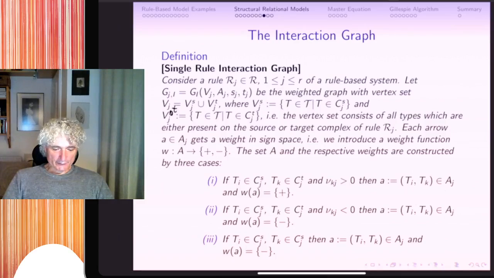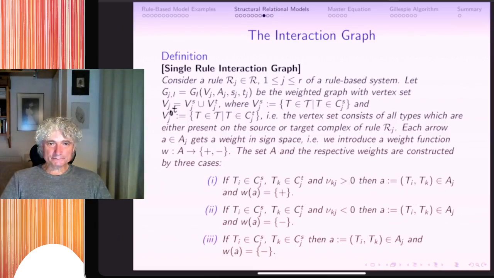But now, of course, you must be able to construct the arrows. So there are three procedures to do that. The first one is here. Now we look first at some type at the source side of a rule, and we look at some type then on the target side of the rule.